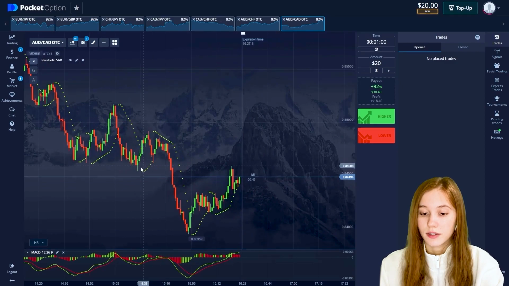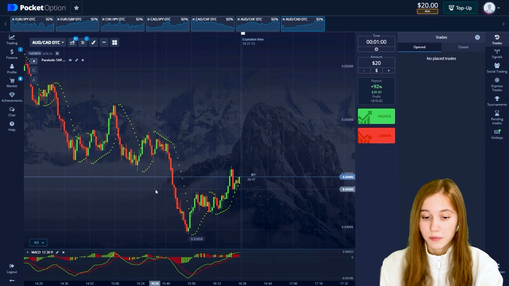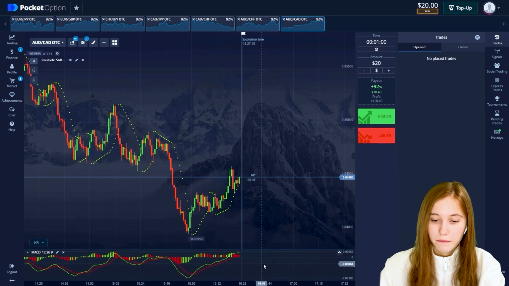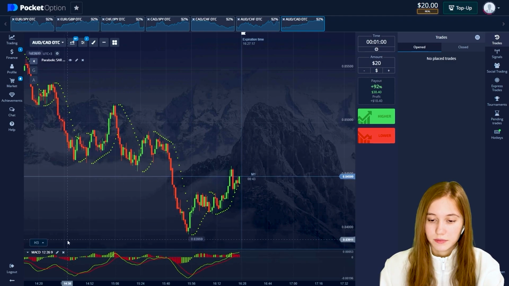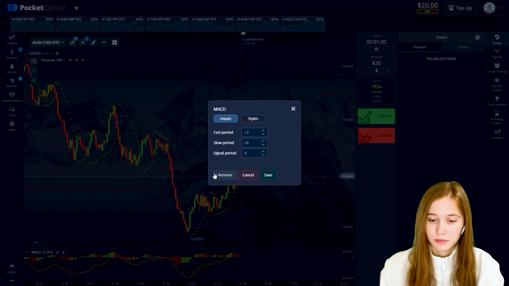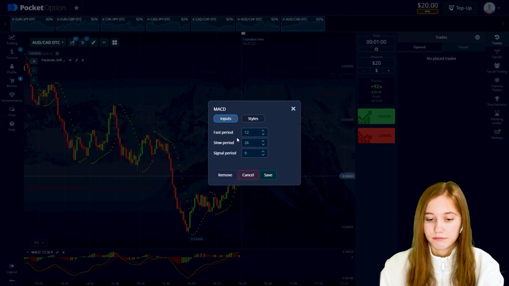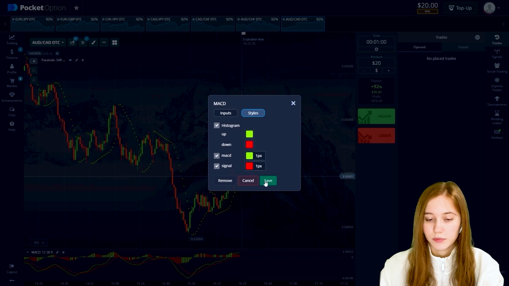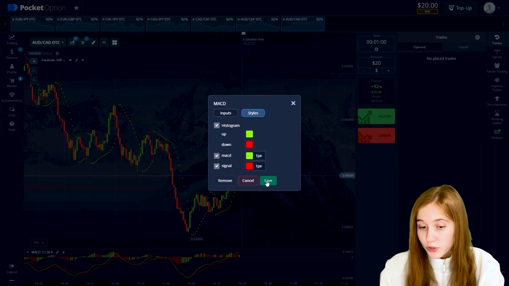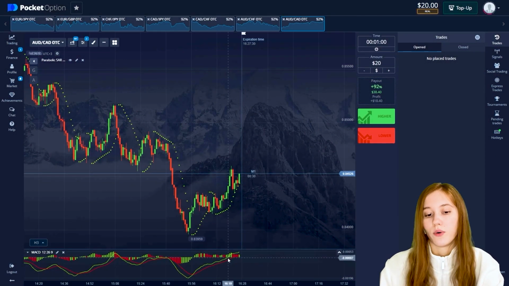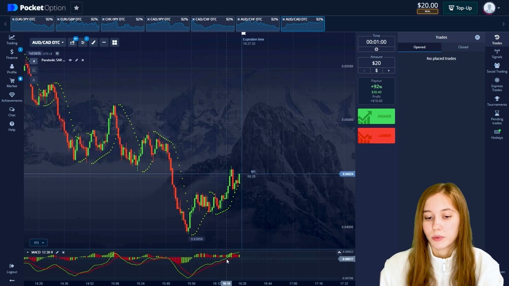And the second indicator, MACD, the settings. It's located at the bottom of the screen. In an uptrend, the current price is higher than the average price for the time period we have chosen.